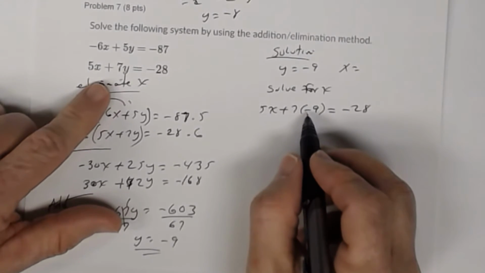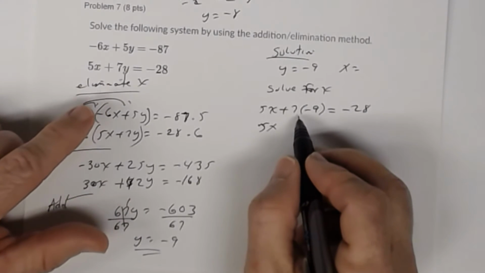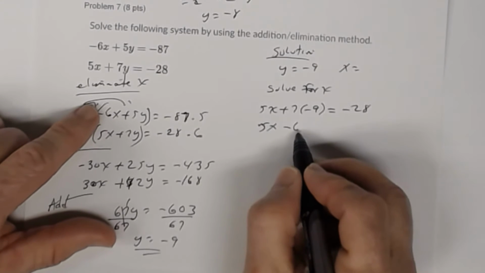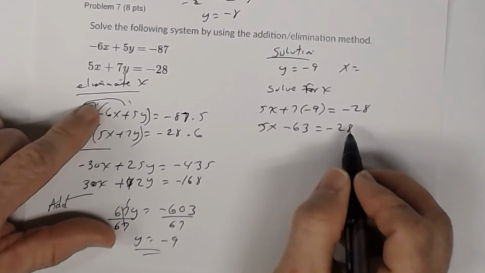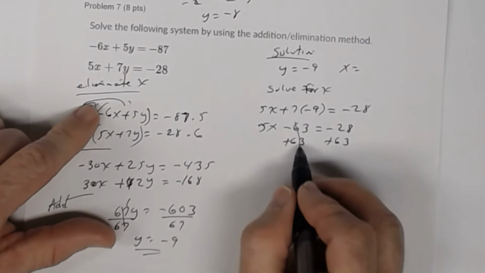Solving for x, I get 5x, now 7 times a negative 9 is a negative 63, equals negative 28. Adding 63 to both sides, combining like terms, this is 0.